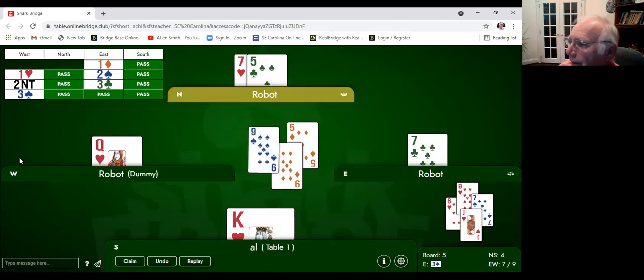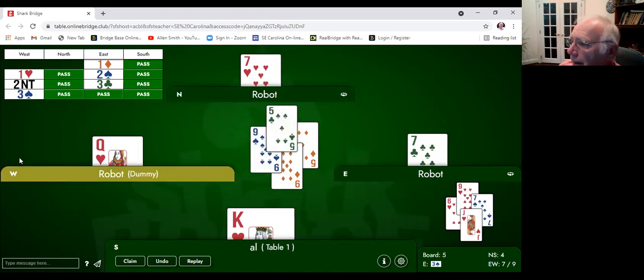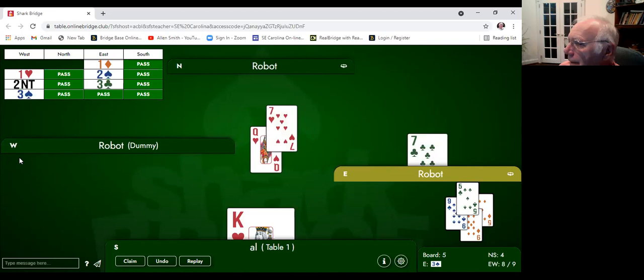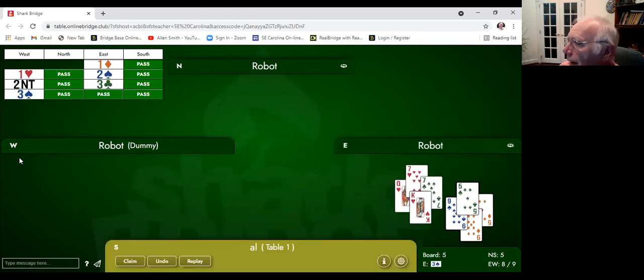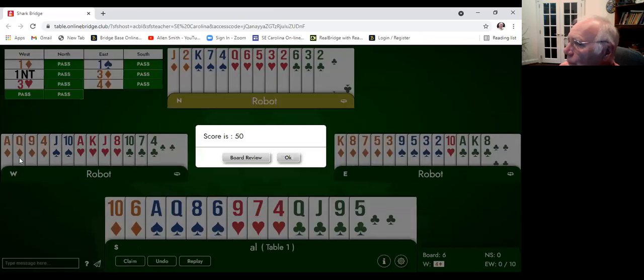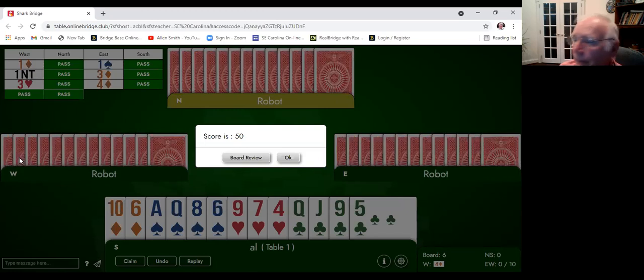He has to rough it, and guess what? We get the last trick. All right, because we communicated, we were able to set things up so that we could control the way the cards were being played. All right, let's go to number 6 and look at this hand.